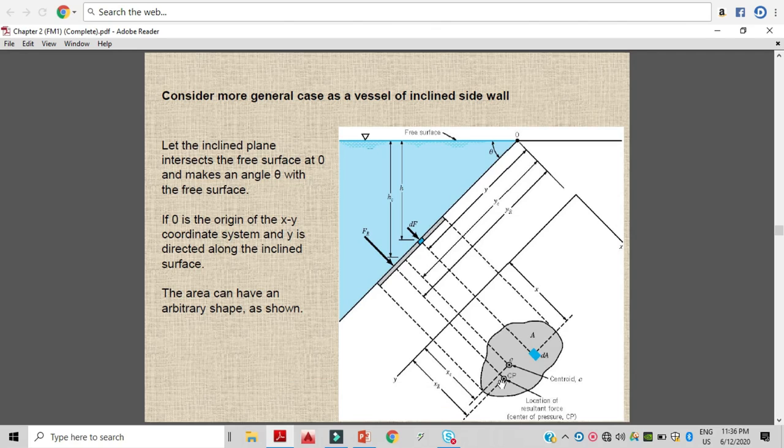Okay, so the position of the net resultant force is xr from the x-axis and yr from the y-axis as shown in the figure, and the net resultant force is indicated with Fr, and it acts at height hc from the free surface, and the small force acting on a small area has a distance h from the free surface.